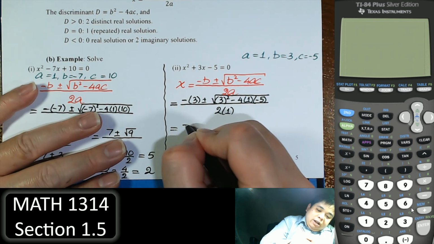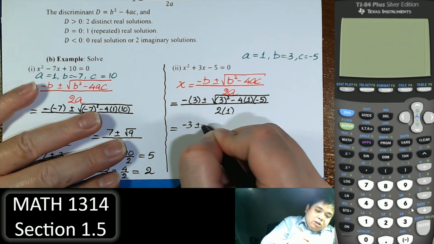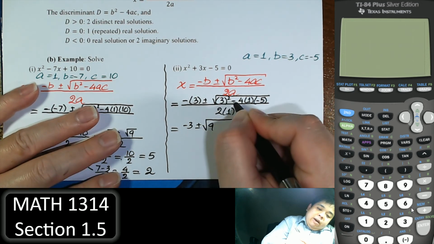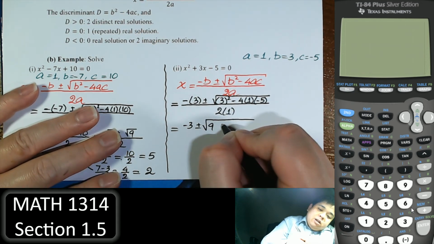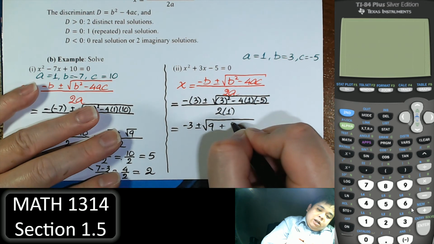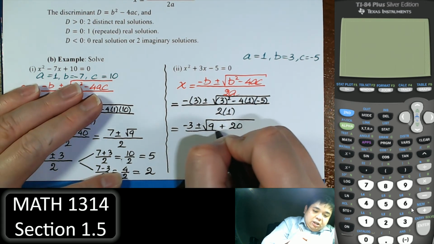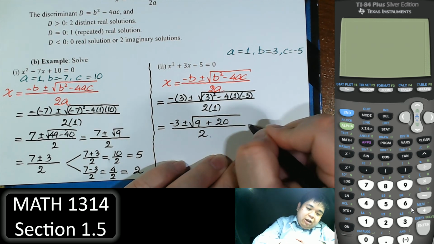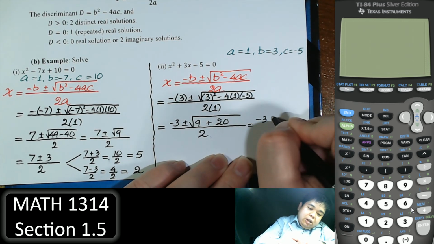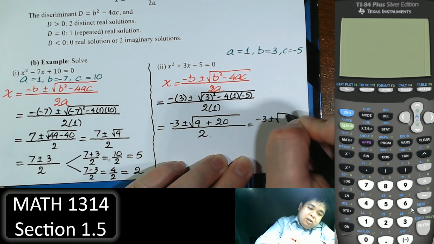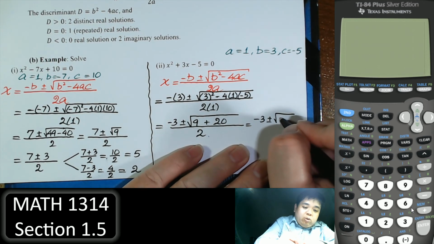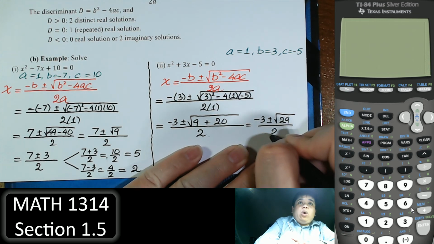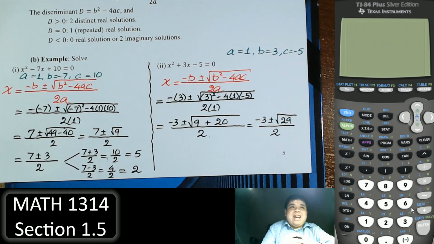So we have negative 3 plus or minus square root. 3 squared is 9, minus that plus 4 times 5, 20, over 2. So in this case we have negative 3 plus or minus square root of 29 over 2. 29 is a prime number, so that is the answer we have.